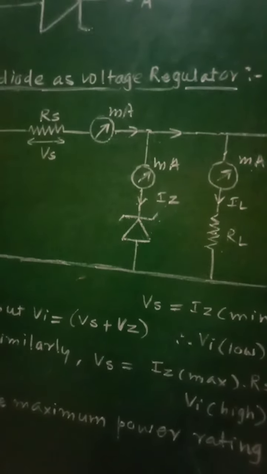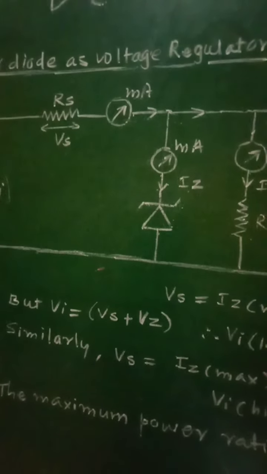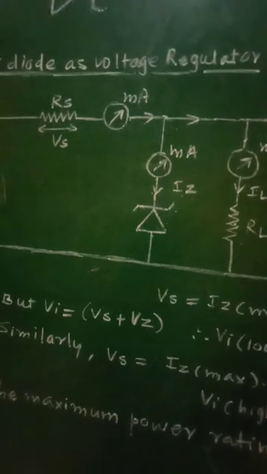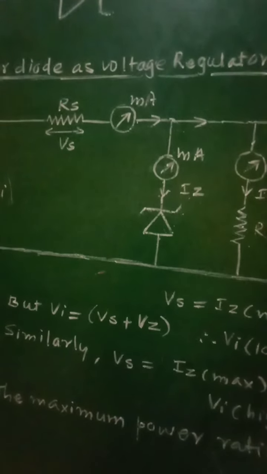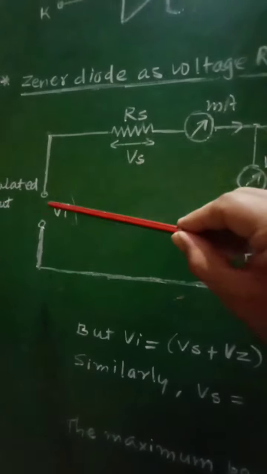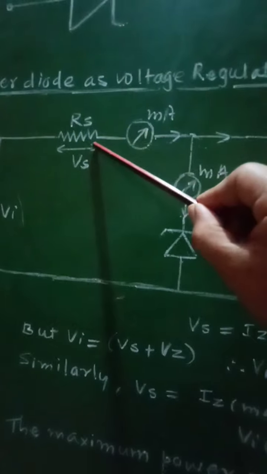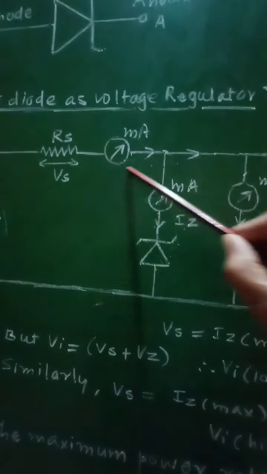So as the input voltage increases, the voltage across the series resistance, that is Rs, also increases. As the voltage across Rs increases, the current will increase.